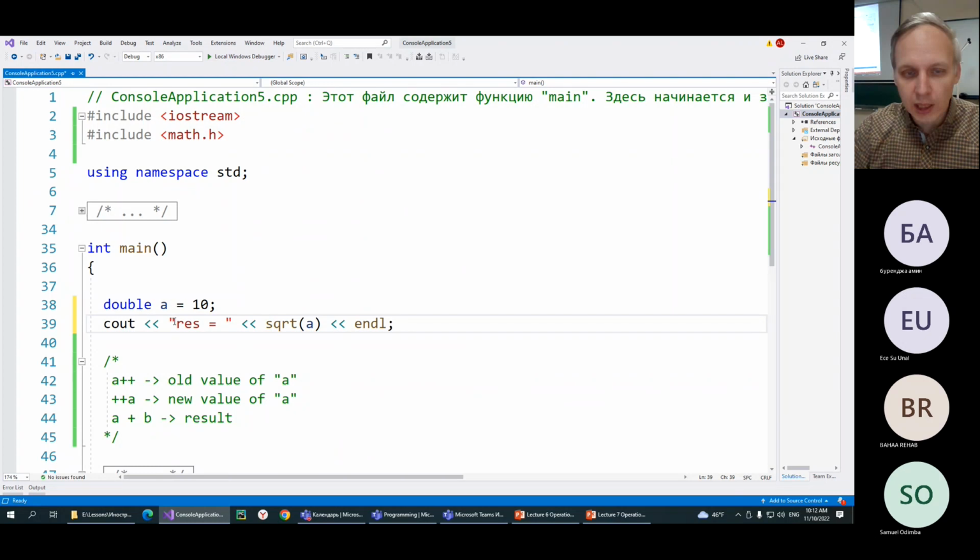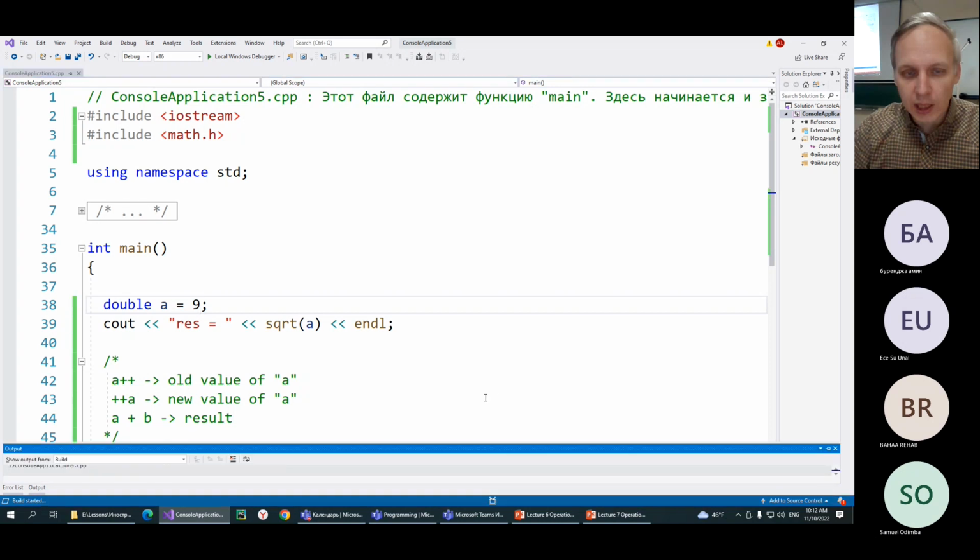Okay, what is the value of the square root of 9? Who can give me the answer? 3, of course. Yes, the square root of 9 is 3.